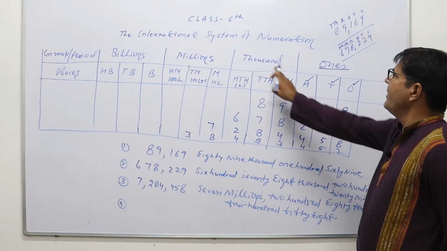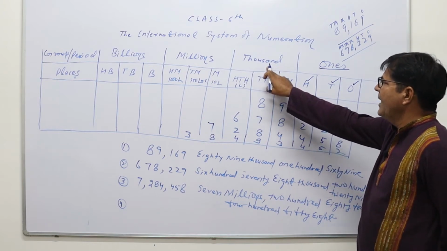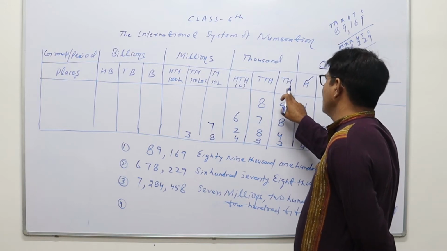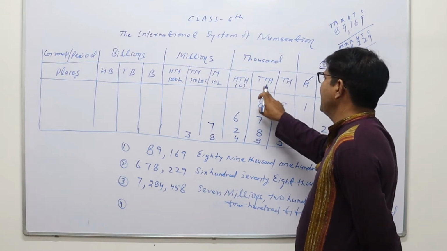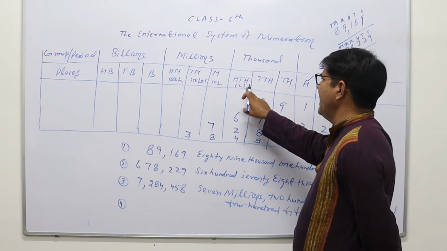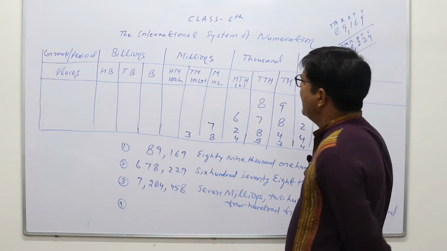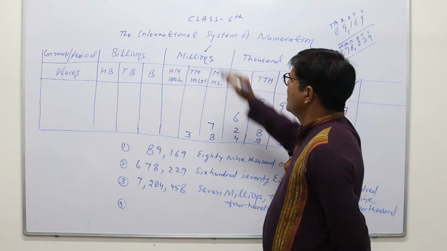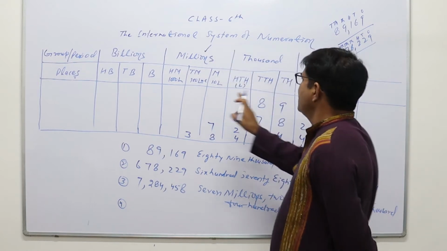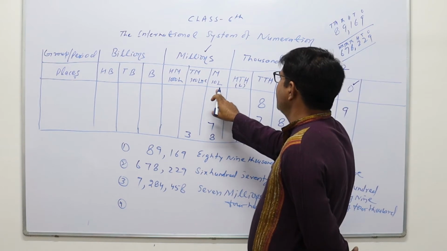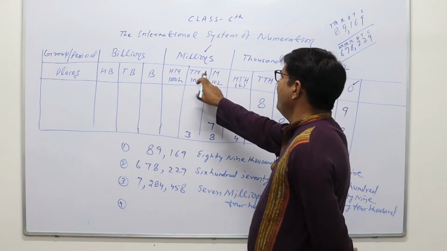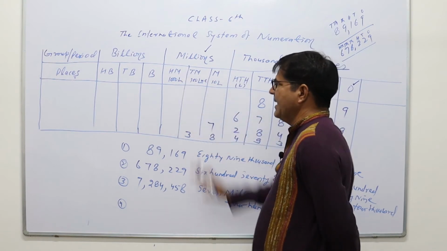The second group is of thousands, and in this the fourth digit is read out as thousand, then 10,000 and then 100,000. Similarly, the third group is of millions, so the seventh digit from the right hand side will be million, then 10 million and then 100 million.